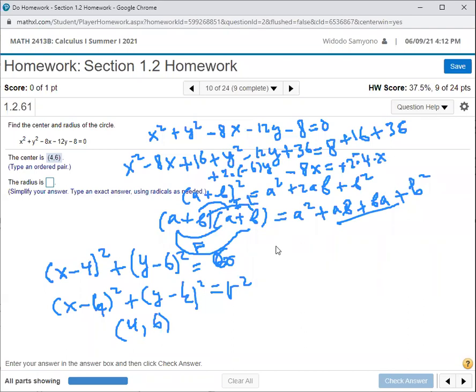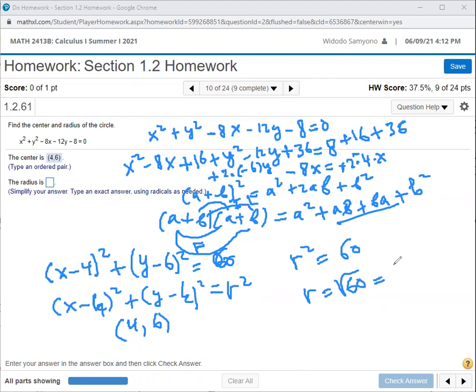So the next one is looking for what is the radius. Okay. So in this case, you can see here, the radius is for this, you can see the r squared equal to 60. So that means the r equal to square root of 60. And you need to write it as a radical.